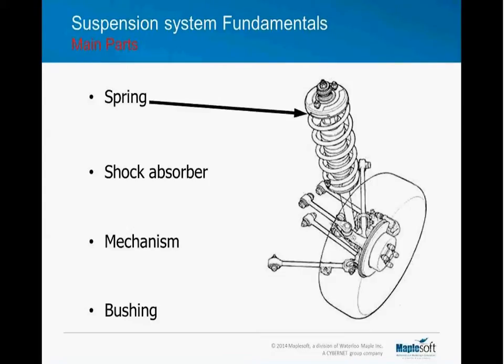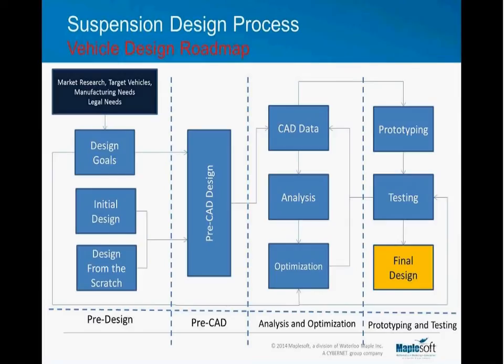It has a spring to absorb the energy from the road, a shock absorber to dissipate the energy, a mechanism to hold the wheel and connect the wheel to the car body, and bushings for isolating and absorbing the high frequency content of the vibrations. So the next part of my presentation is about the suspension design process.